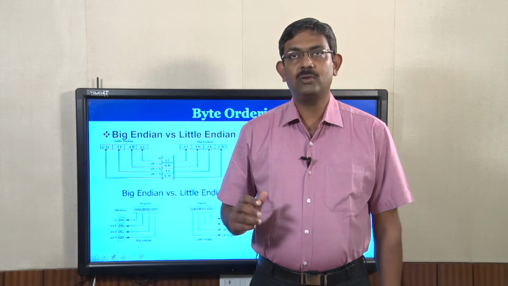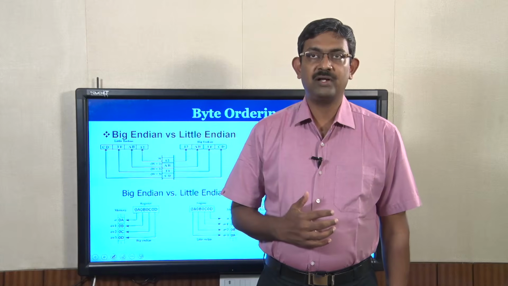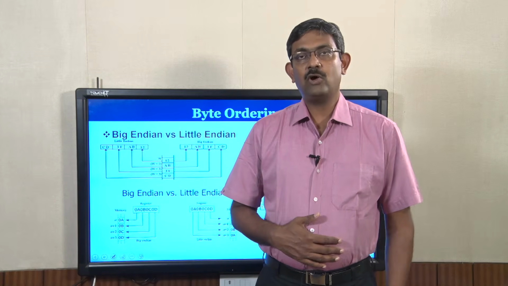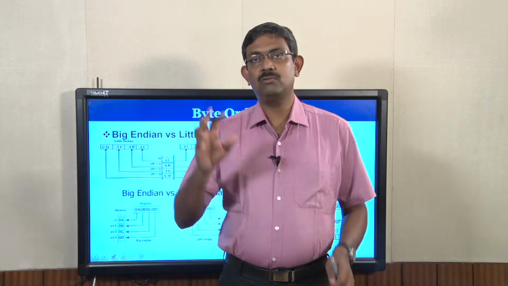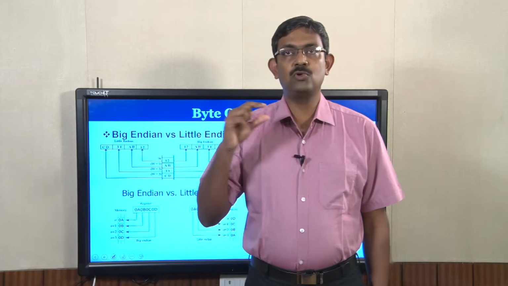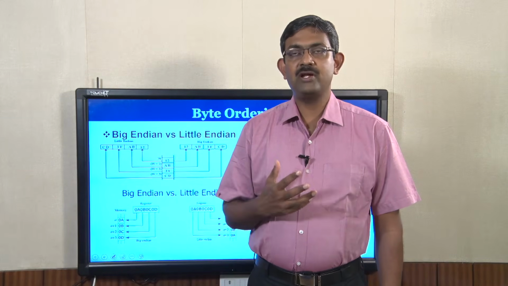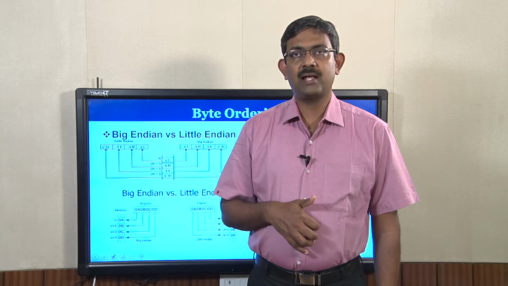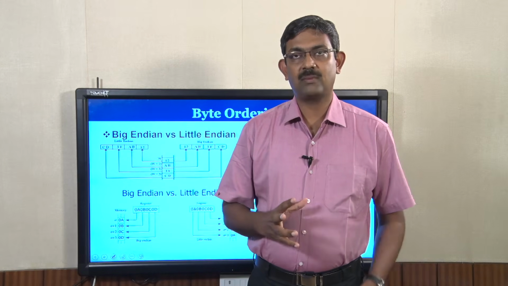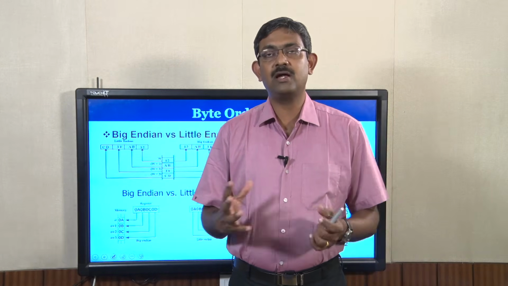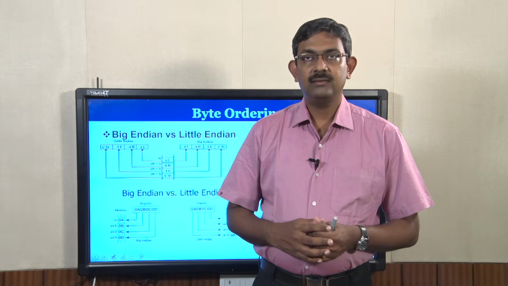Let us now look into another aspect of interfacing with memory. We know that in memory you have words, but the basic unit of storage inside memory is a byte. When you operate on data, all data may not be equal to 1 byte. Sometimes certain data may be bigger than 1 byte, meaning the word length will be multiple bytes.